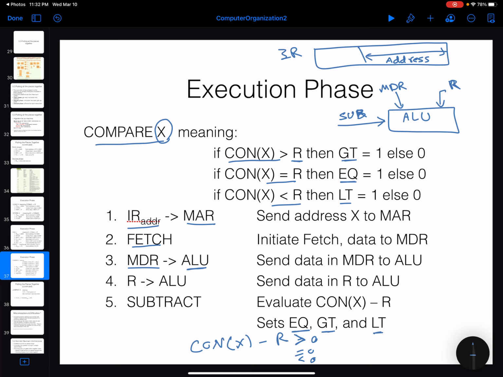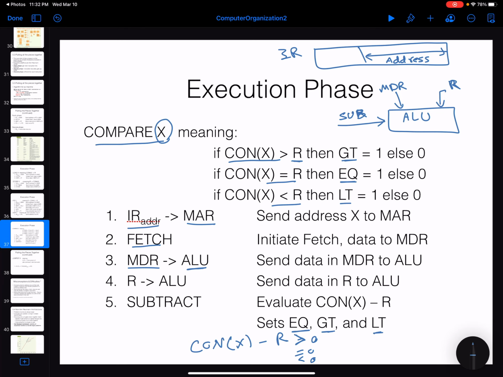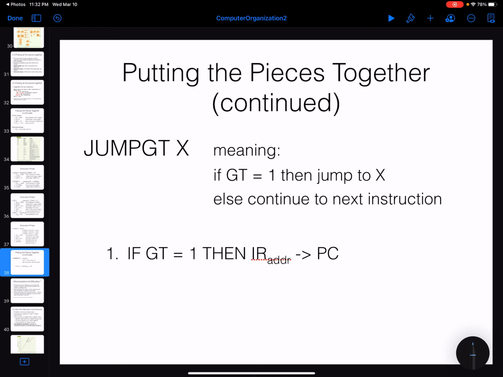So we don't have a specific circuit for the comparison. Instead, we do it using subtraction, and then we just check the sign of the result. Either it is negative, positive, or equal to 0, and based on that we set the proper register. That's a very nice trick.